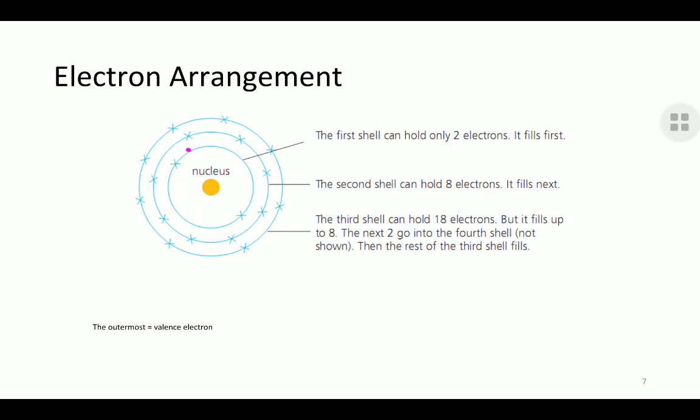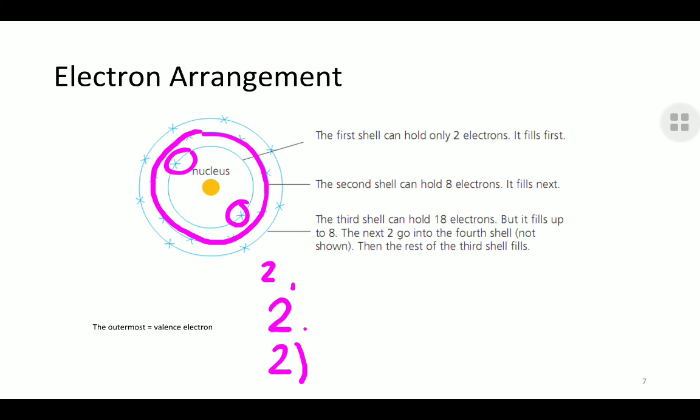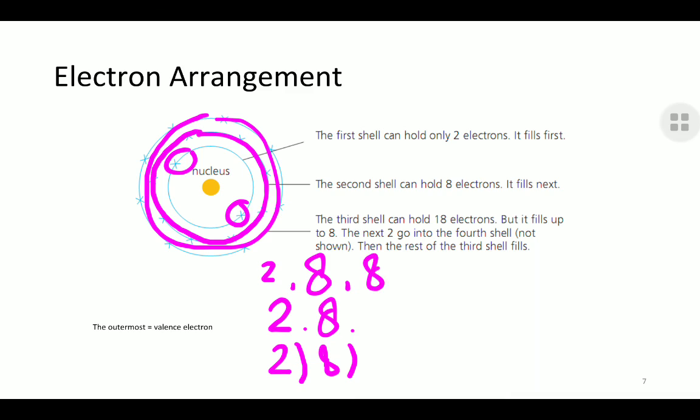When it has 2 electrons in the first shell, you can write 2 and then dot or comma or bracket, and then write how many electrons are in the next shell. So in this second shell I have 8 electrons, and then comma or dot or bracket again, I have another 8.